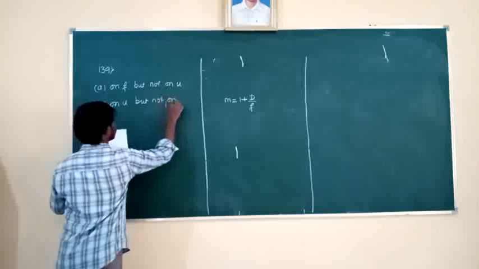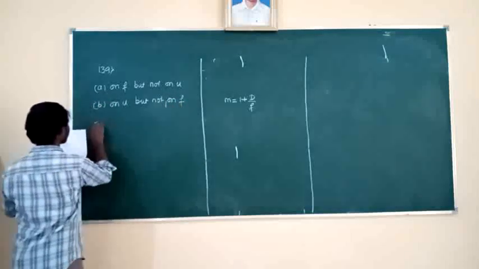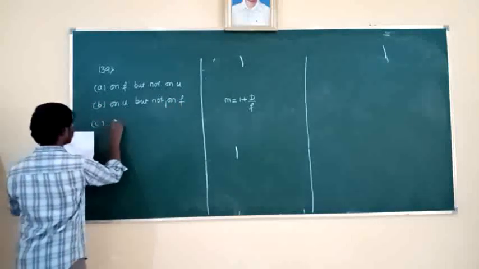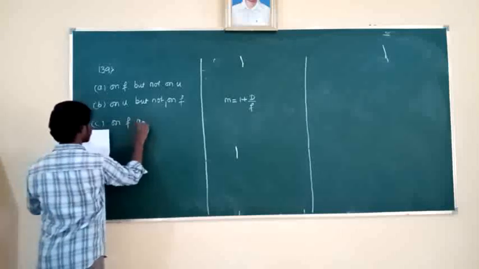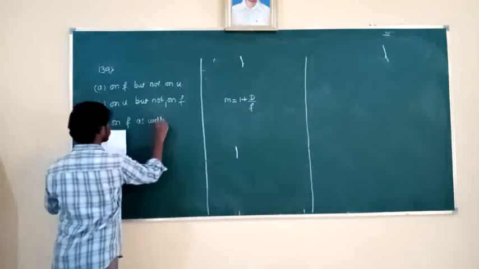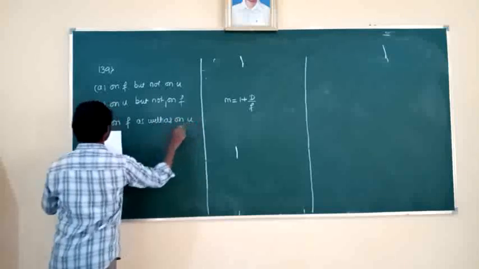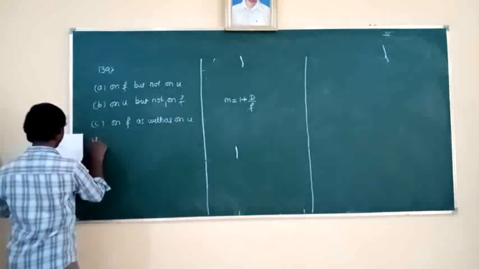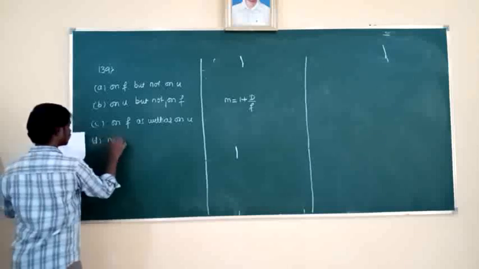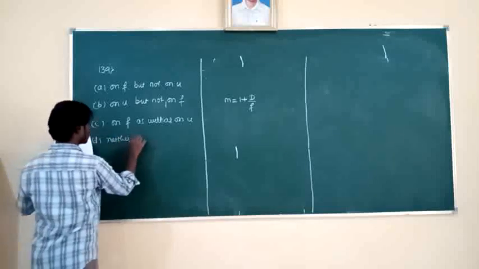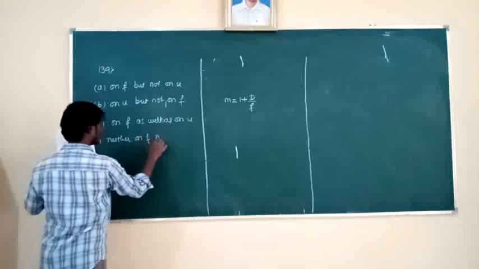Option C: on f as well as on u. And option D: neither on f nor on u.